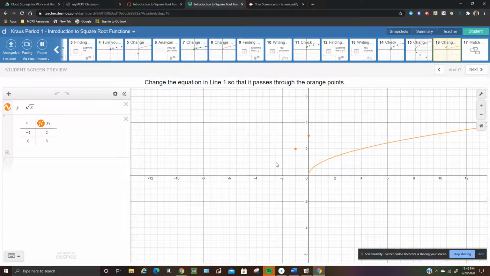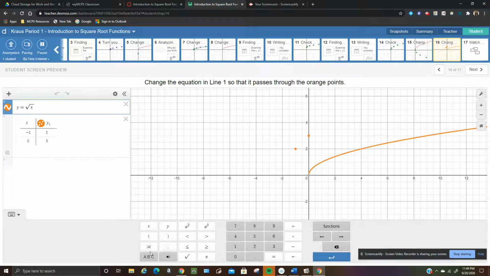Change the equation in line 1 so it passes through the orange points here. So let's see what this does. If I put a negative under the radical, that's a reflection over the y, so we don't want that.